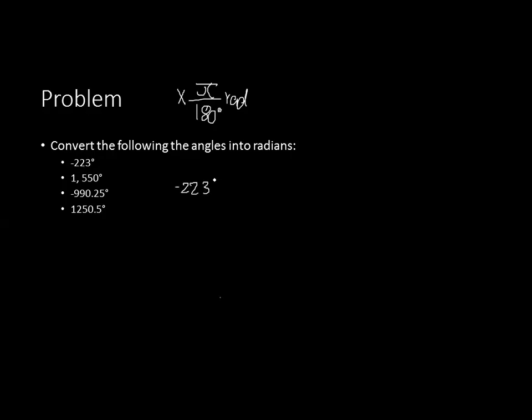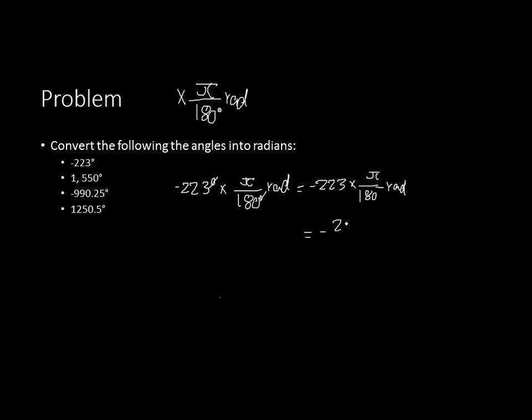So let's start with the first one. Negative 230 degrees times pi all over 180 degrees radians. So let's solve. You see these two numbers, 223 and 180, they're not both divisible by any number except 1 degree. So here we can just simply cancel the degrees. What we will have is negative 223 times pi all over 180 radians.